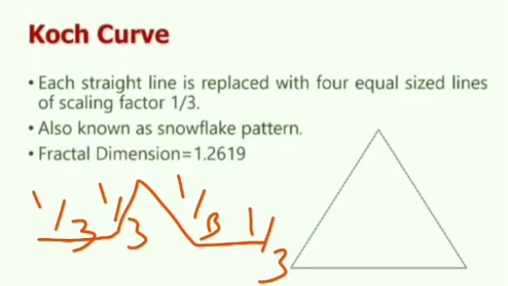By this manner you draw the Koch curves, and they are also known as the snowflake pattern. Generally their dimension is approximately 1.2619. So remember this fractal dimension of the Koch curve, it is 1.2619.